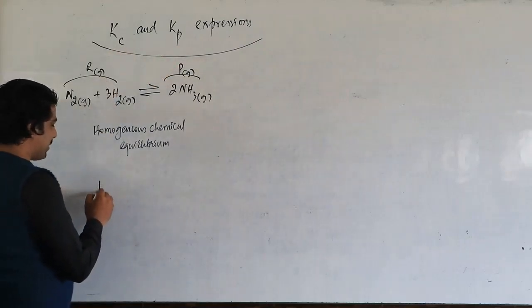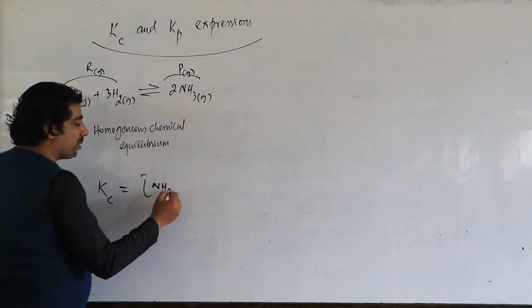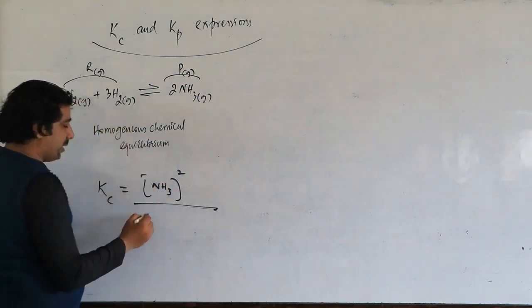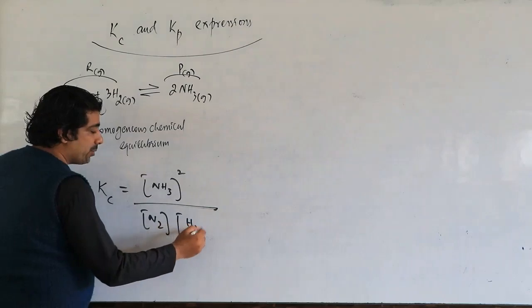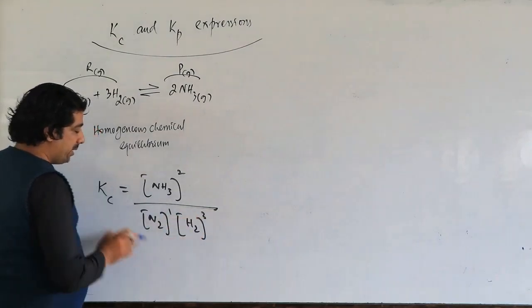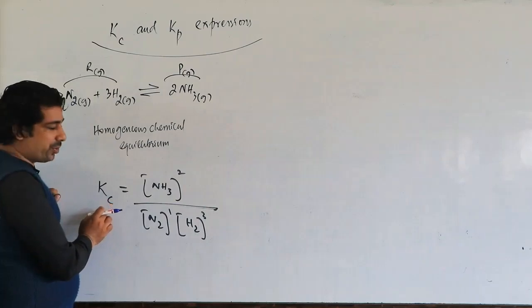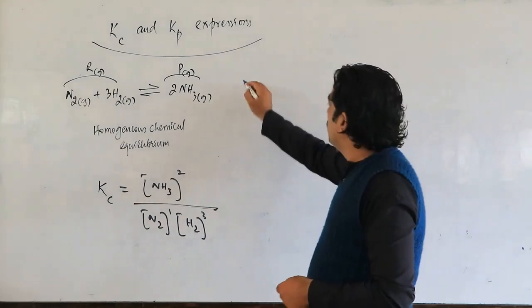Let's write down the Kc expression for this. Molar concentration of products raised to power 2 divided by molar concentration of reactants, that is N2 into H2, raised to power 1 and power 3. This is the expression for the equilibrium constant in terms of molar concentrations. Let us write down Kp for this reaction.